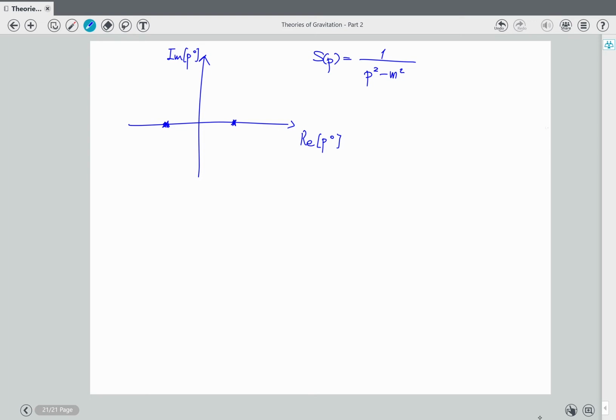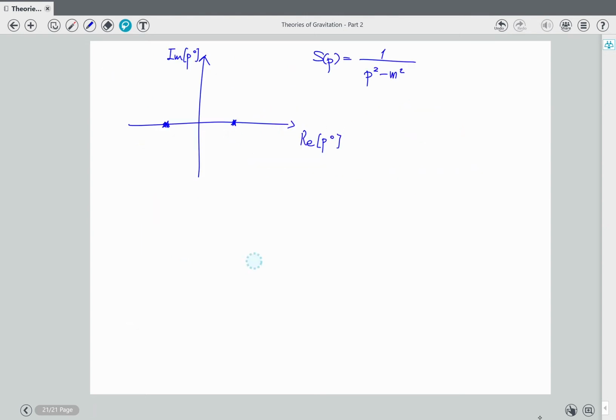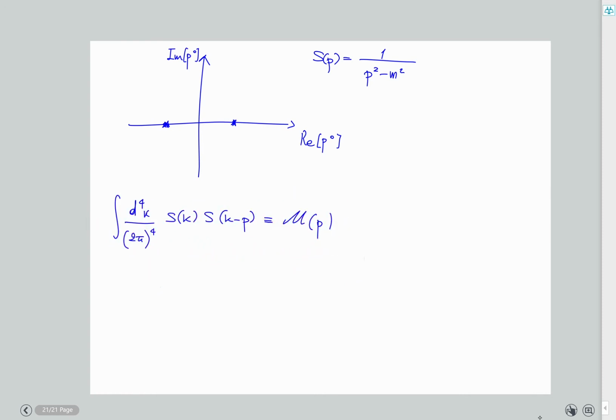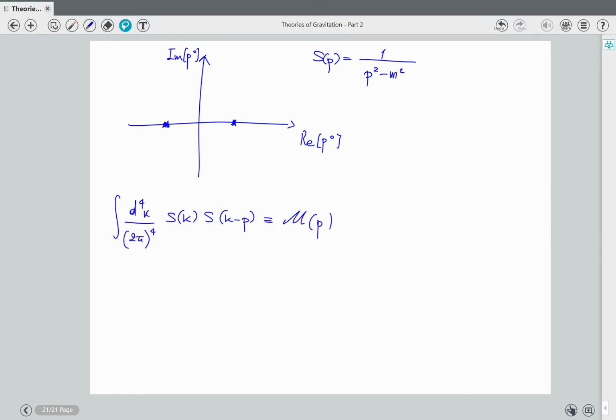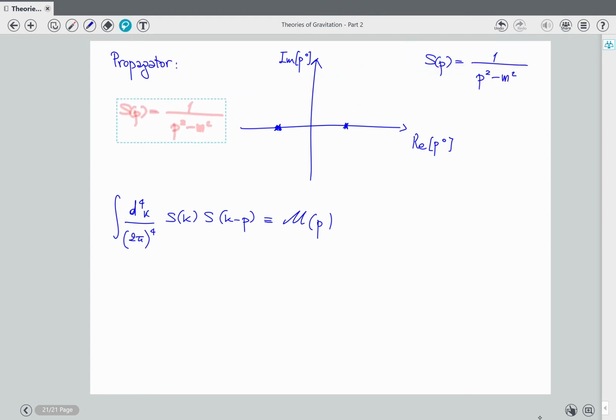When you compute the bubble diagram M of P, so this picture is for the propagator, which is the simplest amplitude, if you want.